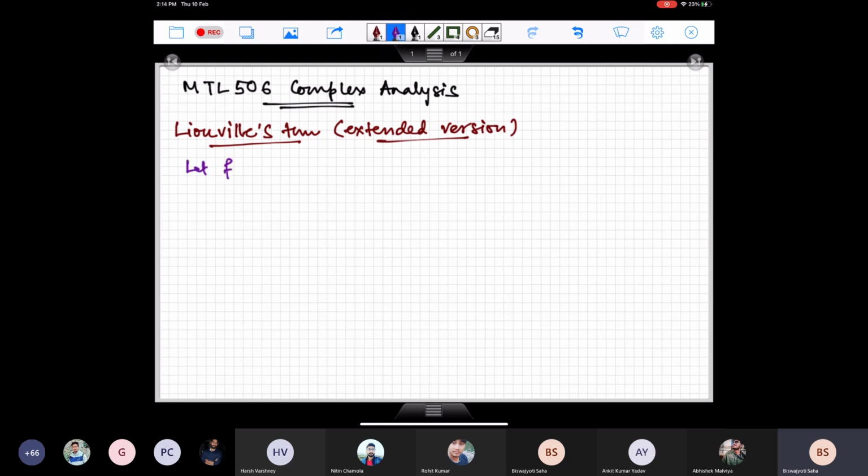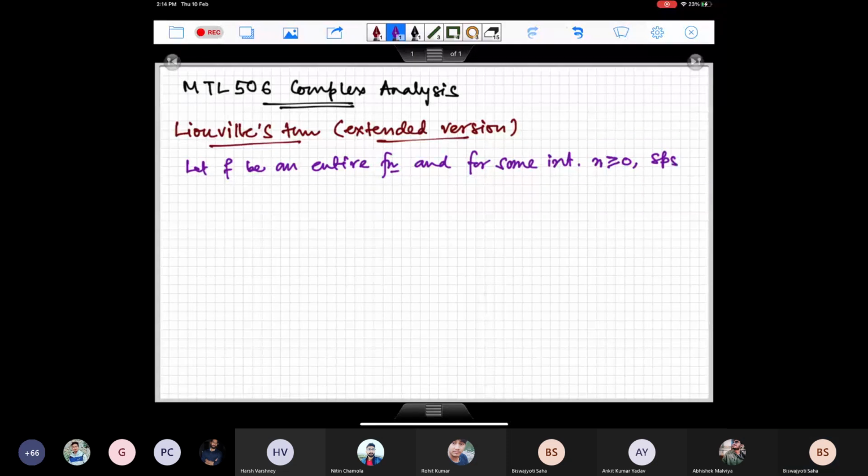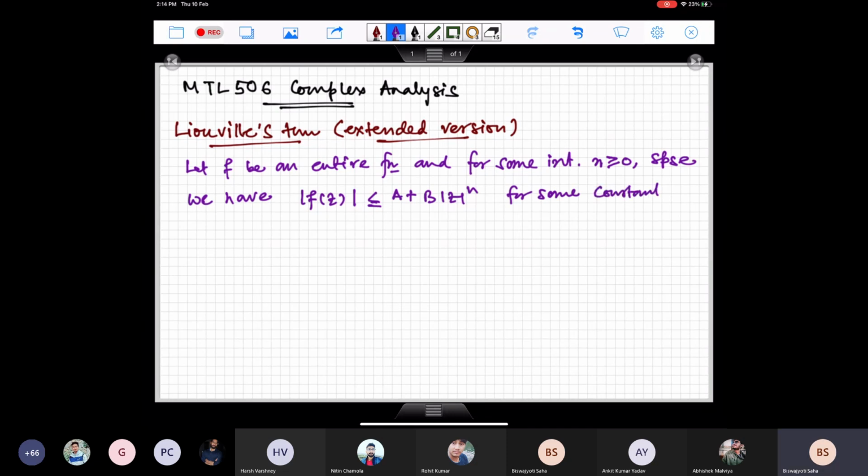Let f be an entire function, and what is the property of this function? For some integer n bigger than or equal to 0, suppose we have mod of f of z is less than or equal to a plus b times mod z power n, for some constants a and b.